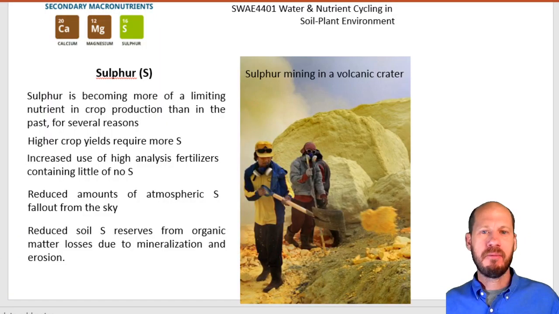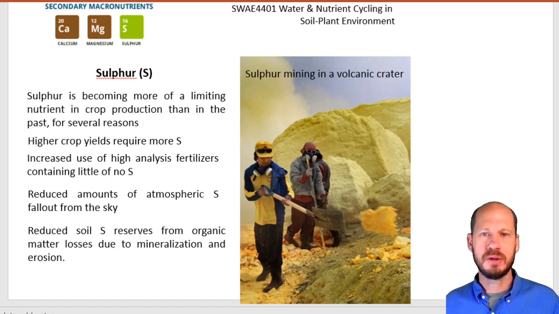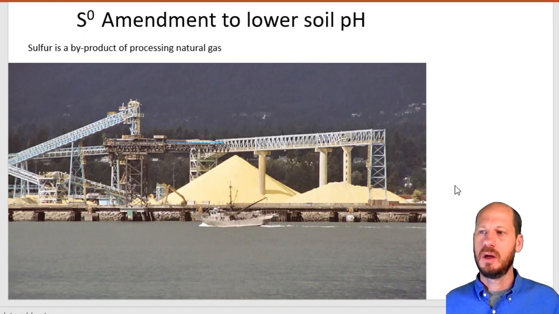Where does this sulfur come from when you add it as fertilizer? This sulfur was usually mined in the past from volcanic deposits, volcanic craters. This is elemental sulfur being mined here. But lately, it is coming from the oil industry, the production of gas.